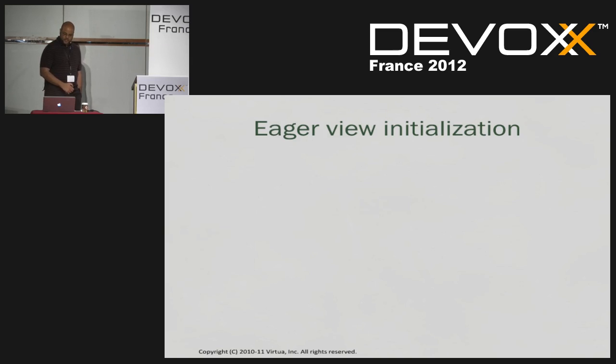All right, so another one is eager view initialization. Okay, and this is related to the idea of doing all of the initialization up front, okay? So as I said before, sometimes it's easier to do that, right? Because it's easier to understand what's going on and everything, right?